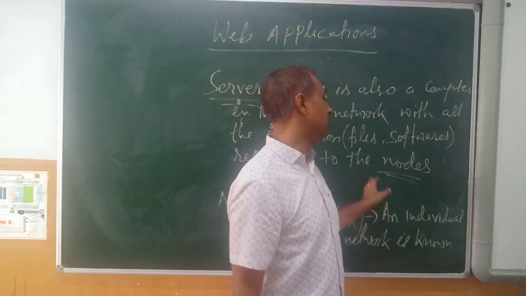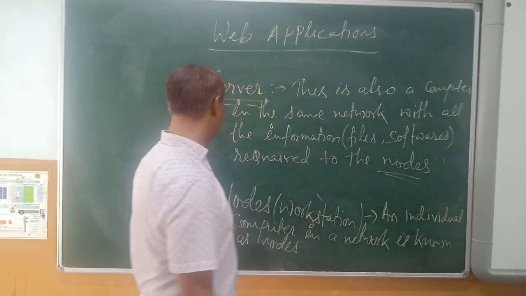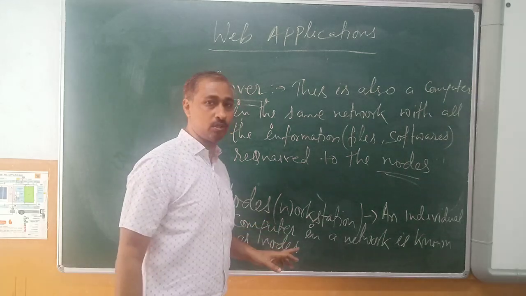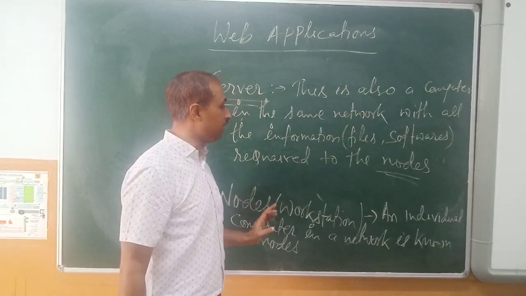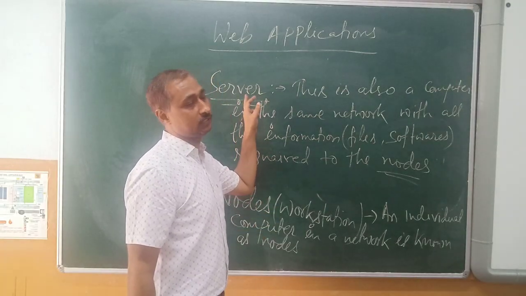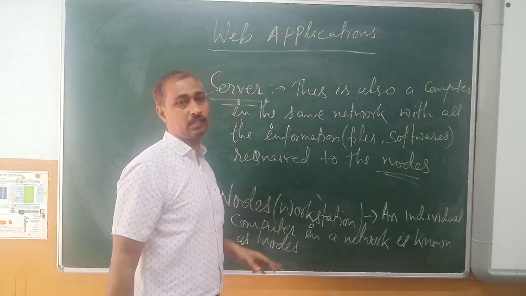That's why we are using networks. So these nodes are most of the time requesting information from the server, and the server is providing the information to the nodes, workstation.